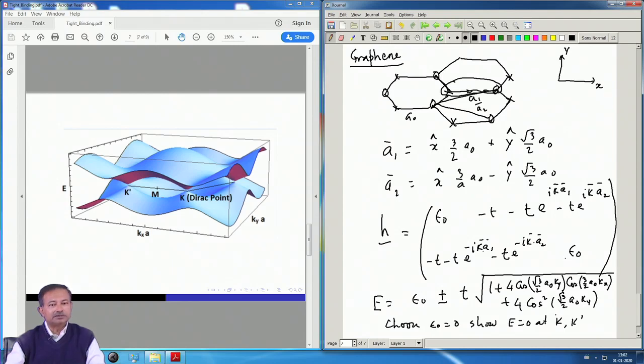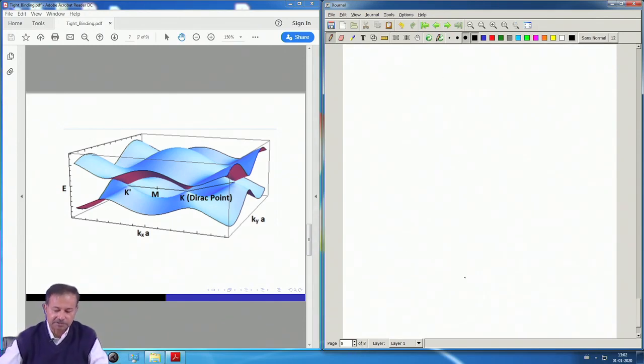Interestingly, what you will see is that the Hamiltonian has a form which is very similar to that of a massless Dirac fermion. The Hamiltonian will turn out to be some constant into sigma dot k, where k is the momentum.